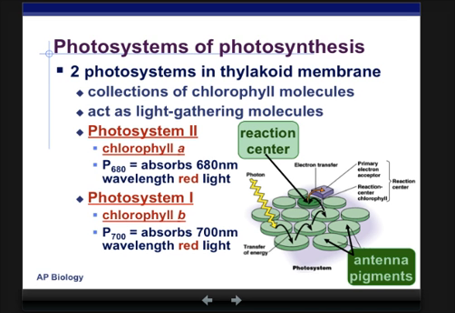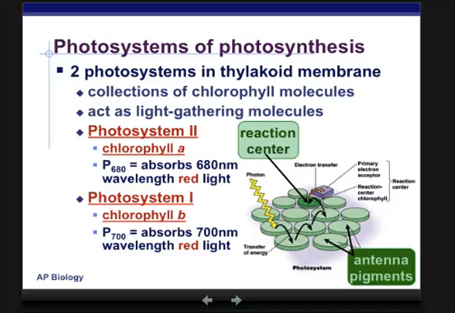So photons are absorbed by clusters of pigment molecules, and they're like little antennae, like antenna sticking up, right, in the thylakoid membrane. So when any antenna molecule absorbs a photon, it's transmitted from molecule to molecule until it reaches a chlorophyll A. Okay, and that is the reaction center.